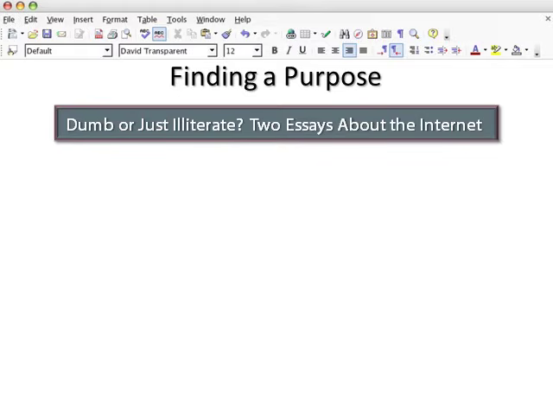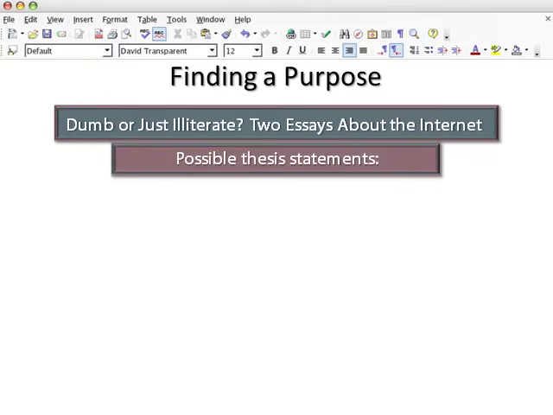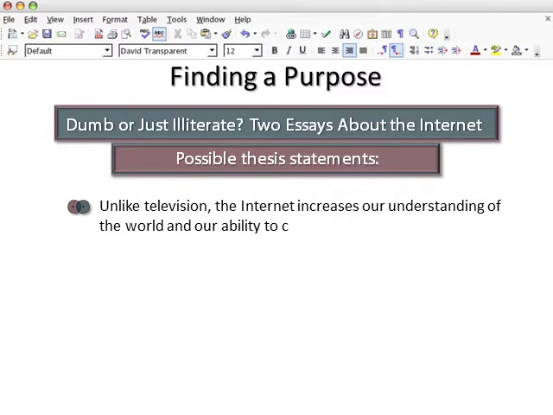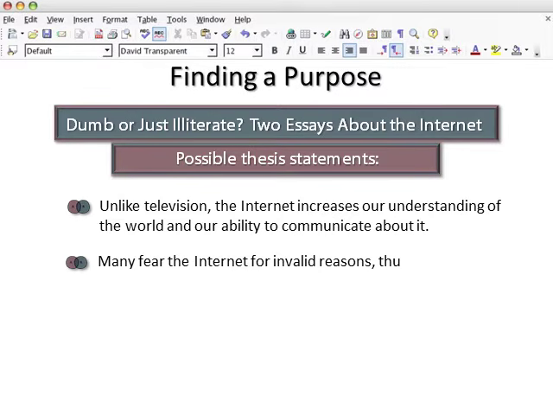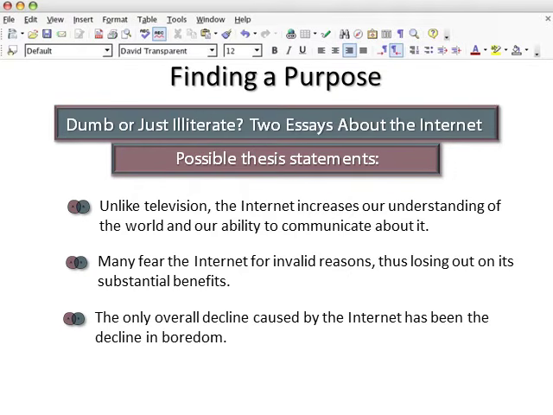This is where the thesis comes in, the overall point you wish to make as you conduct a compare or contrast analysis. For our example, your purpose could be to assure readers that the Internet does not pose a danger to their IQ or emotional stability, to teach the fearful how the Internet can benefit their lives, to satirize fears expressed by parents, teachers, and experts about the so-called declines caused by the Internet.